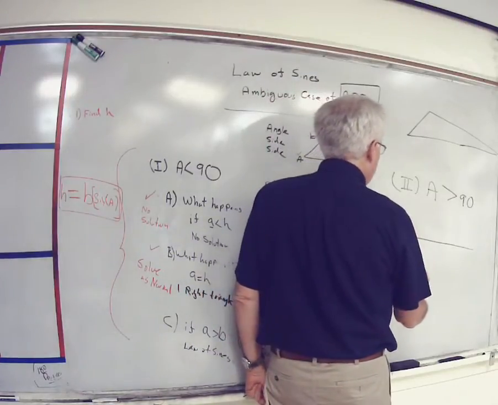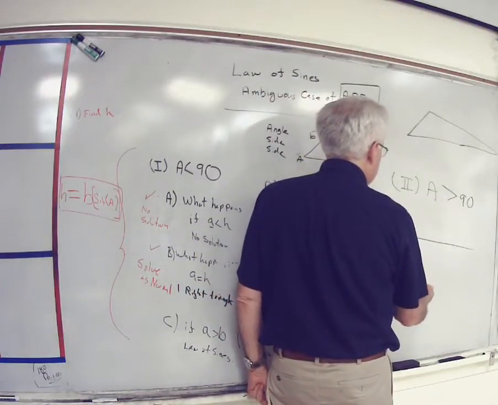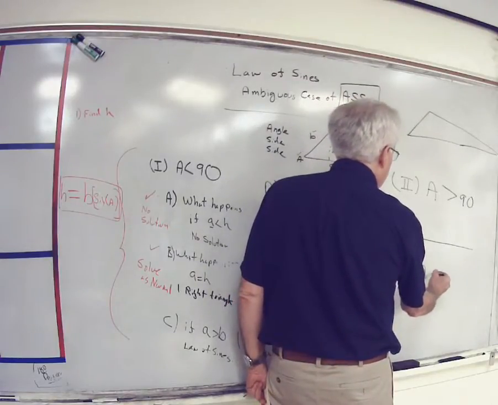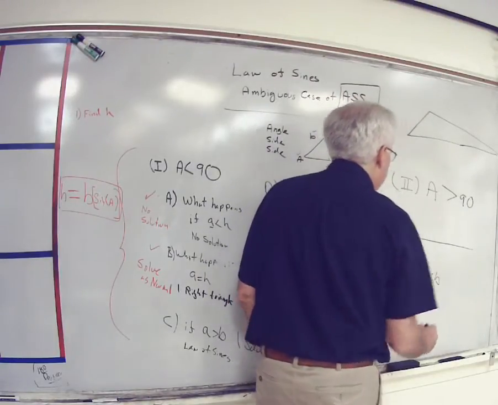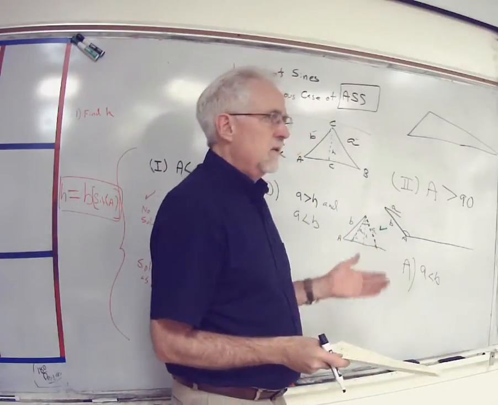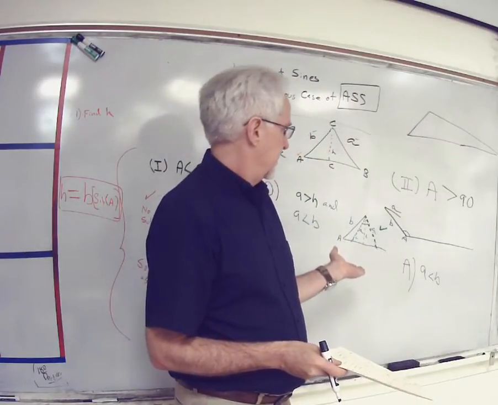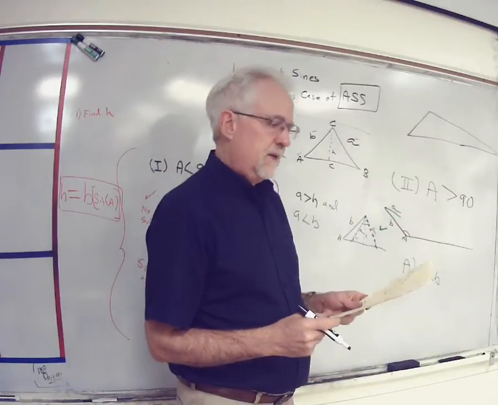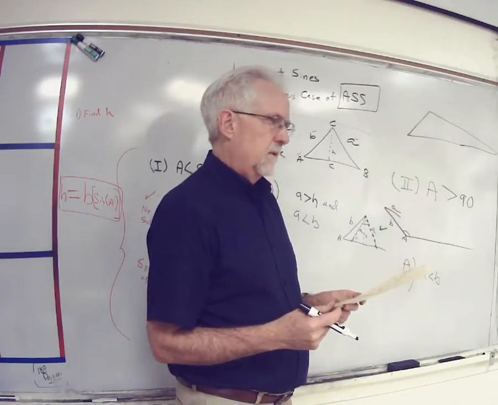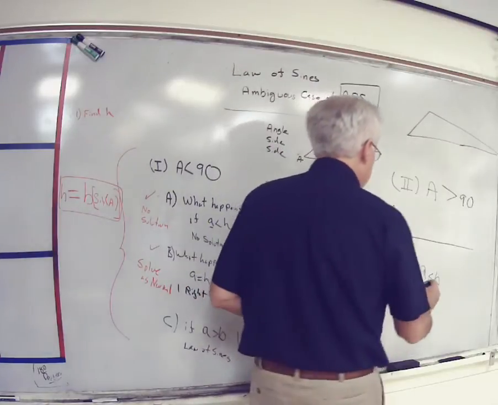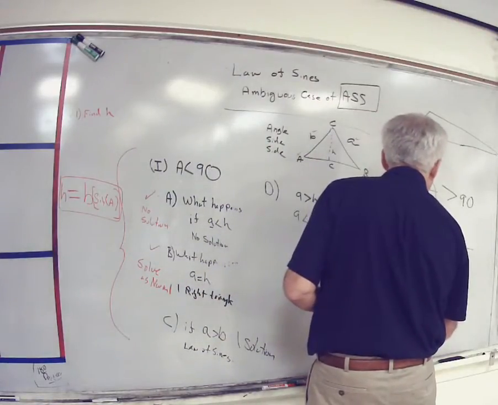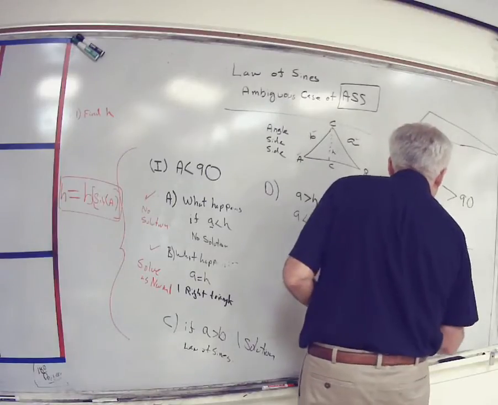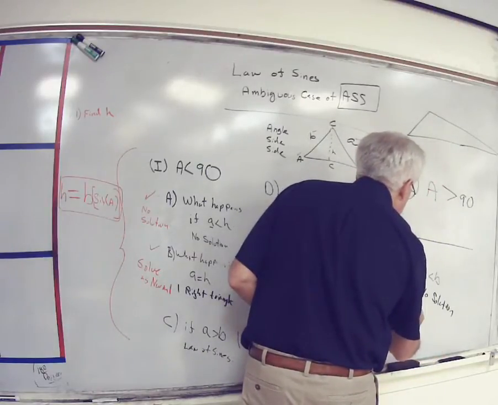So now we have the first case where A is greater than 90, and that is A is less than B. If A is less than B, what is true? No solution. There's no solution. What is the other possibility?